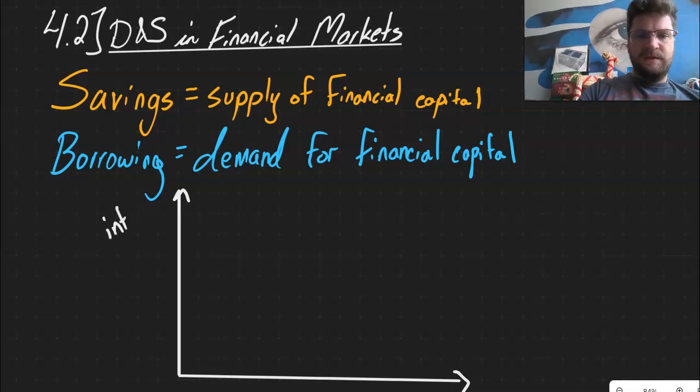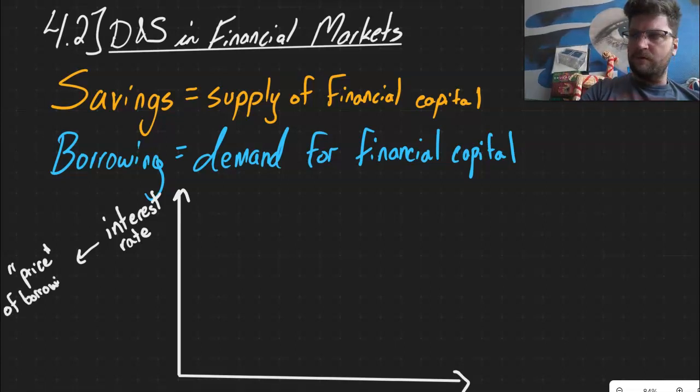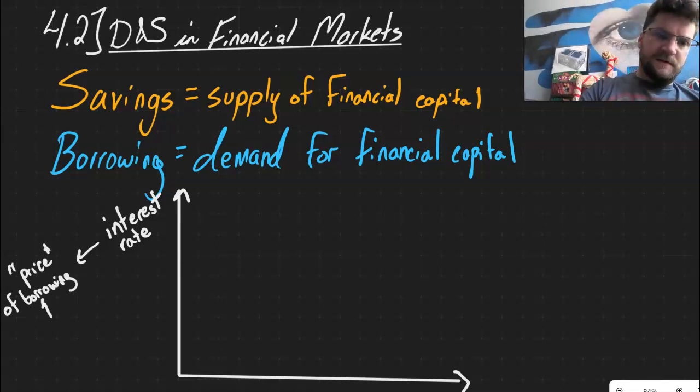The interest rate, which is the quote-unquote price of borrowing this financial capital. The other way of thinking about this is it is the rate of return on an investment.